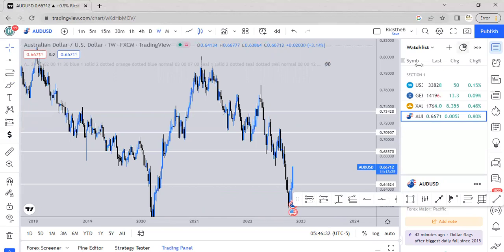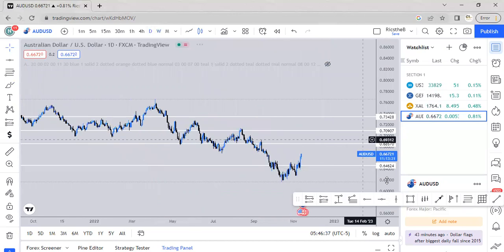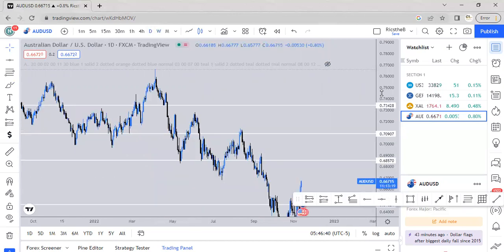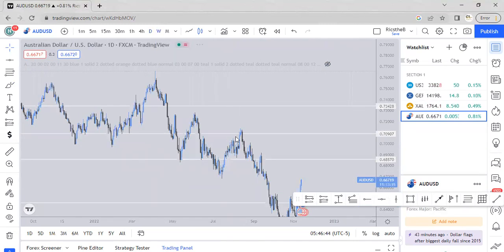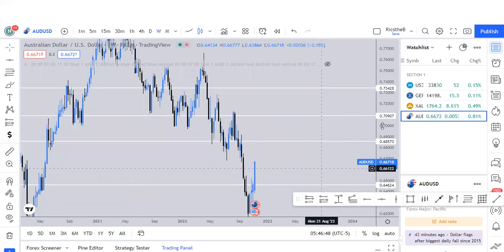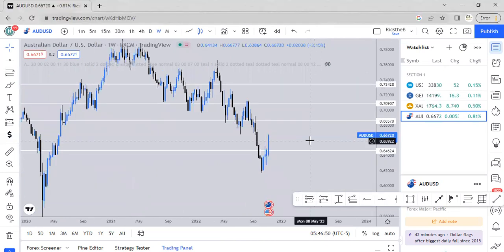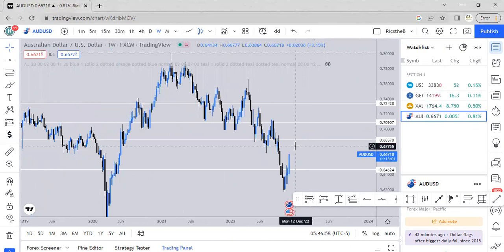When I started out, I was using the line graphs to map out strong areas of support and resistance. But with time, I began using the candlesticks, because with the line graphs, it wasn't that accurate.